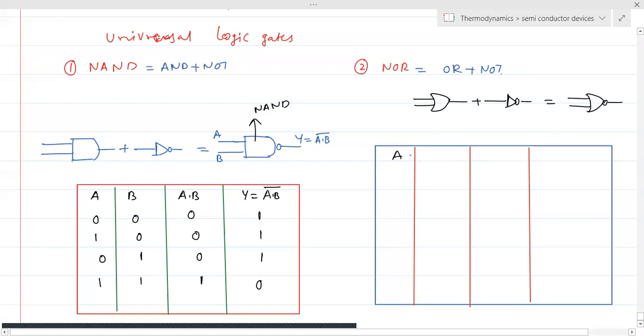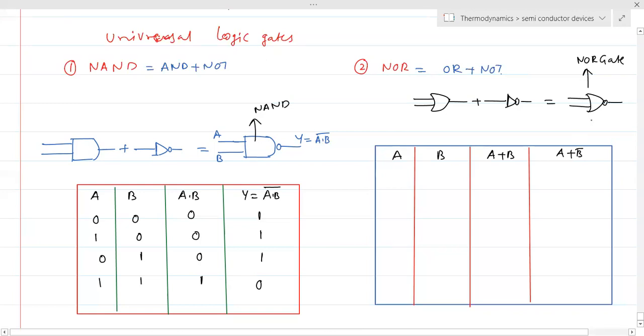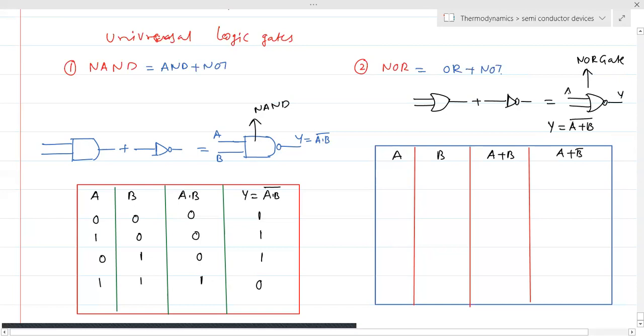So this is A, B, A plus B, and A plus B bar. So this will be the NOR gate, and the output Y, its mathematical operation is A plus B bar. So this is Y, and this is A, and this is B. We are going to refer to this.